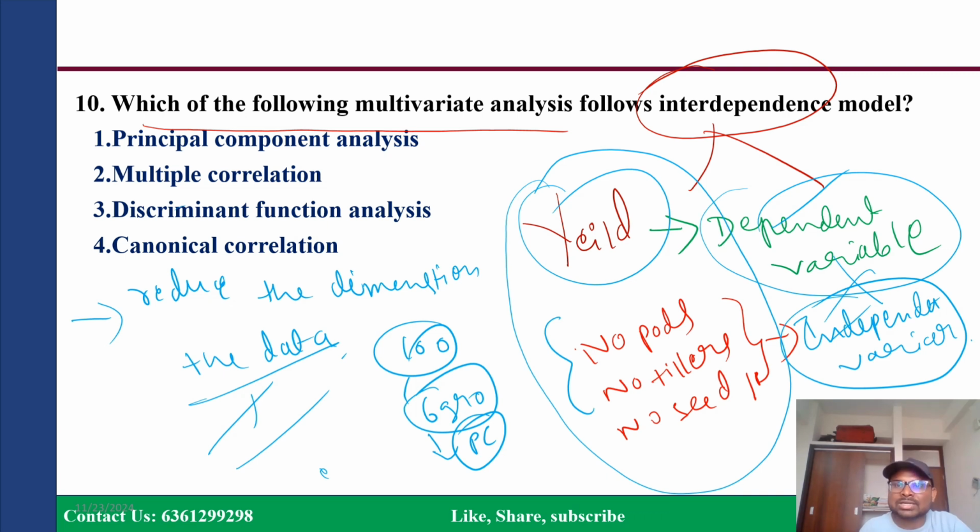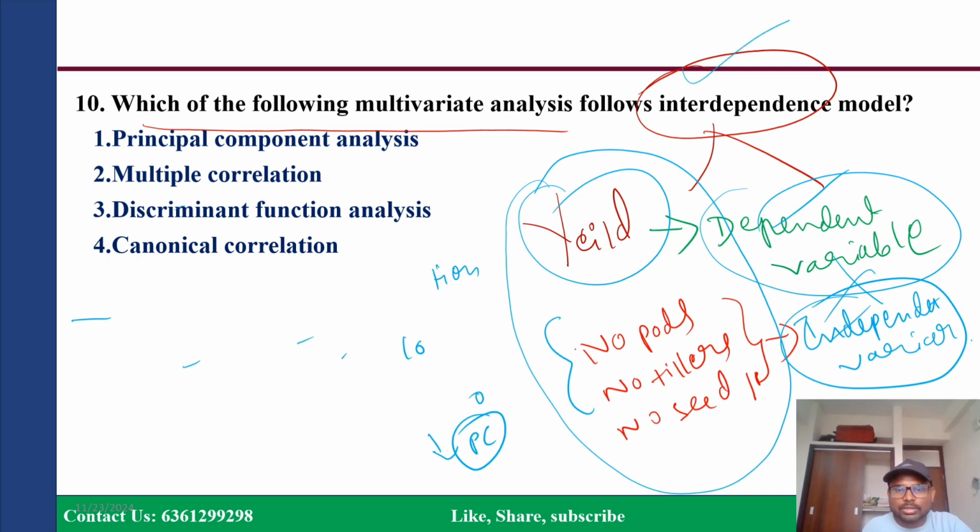That type of model is called interdependence. Your PCA is an interdependence model, but the rest are all dependence models.